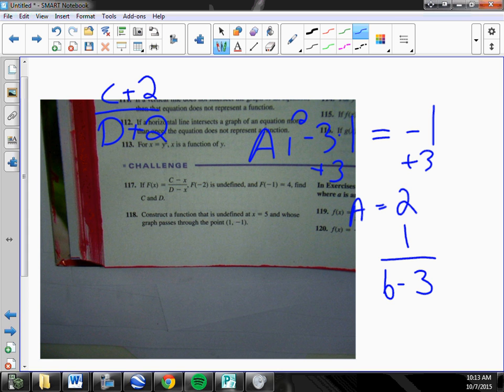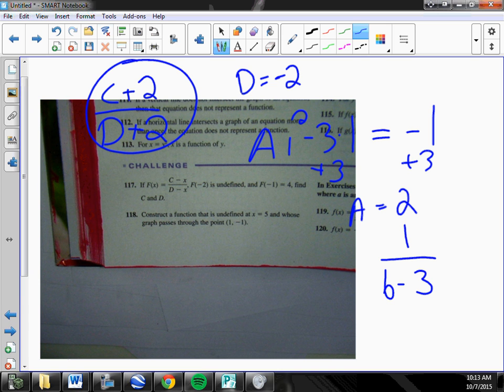If that's undefined, and when I plug in negative 1, I get 4, what are the values of c and d? Well, I know the value of d from here. d has to be negative 2, because negative 2 plus 2 would give a 0 in the denominator and it would be undefined. So d equals negative 2.